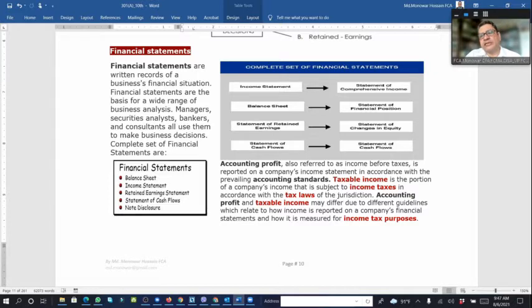The direct method accumulates all receipts and payments, and the indirect method starts from the balance of the profit and loss account. When we see the math, that will be clear later on.